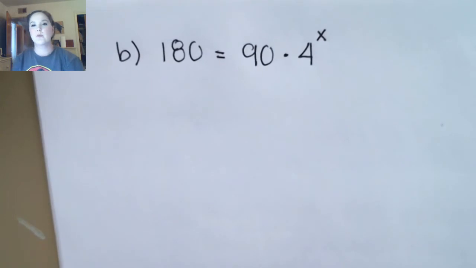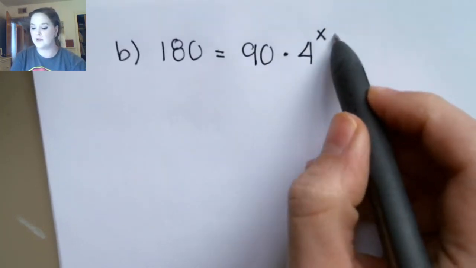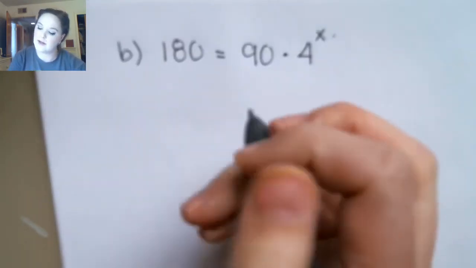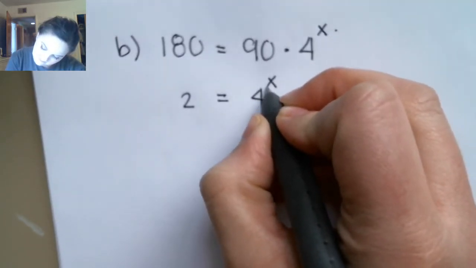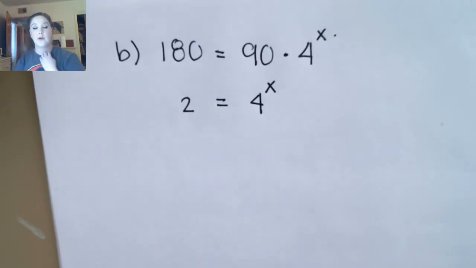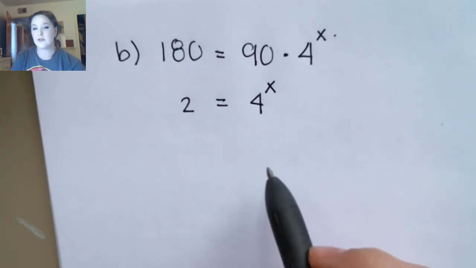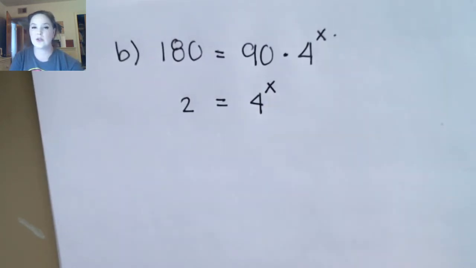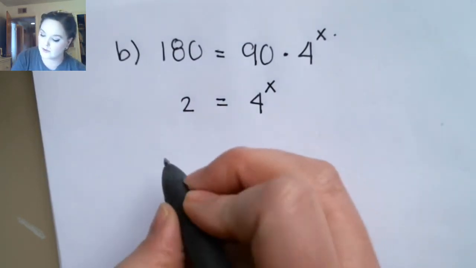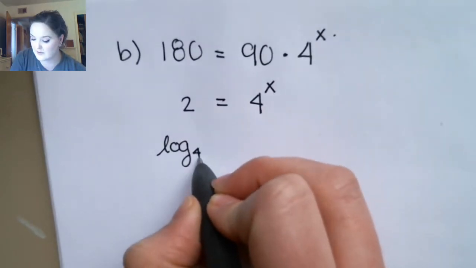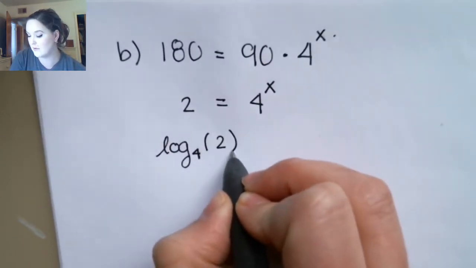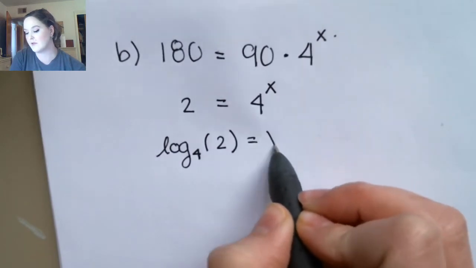Again, we're going to start by isolating the exponential part, so we're going to divide both sides by 90. Again, for this example, you certainly could use the equating exponents method, but here we're going to demonstrate the method using logarithms. So I'm going to change to logarithmic form. The base of the exponent becomes the base of the log, and remember, the exponent is the answer.